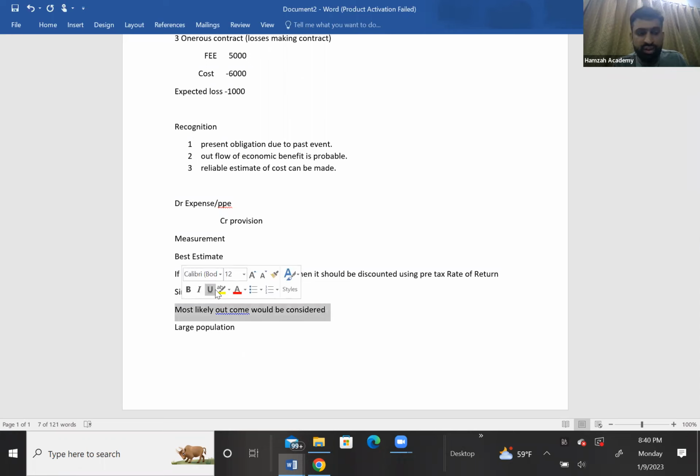For example, your lawyer told you that there is a 60% chance that the fine would be $50,000 and a 40% chance that the fine would be $10,000. So 60% is the most likely. So we will record a provision at $50,000. Okay, most likely outcome.